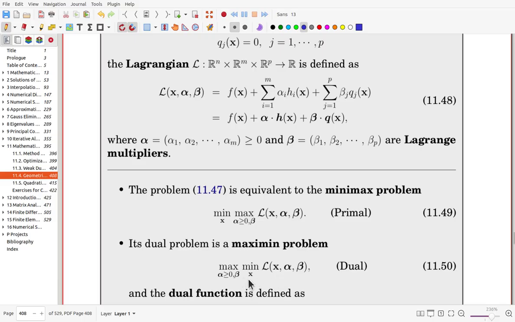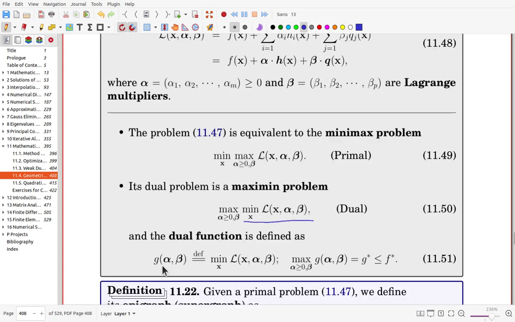Now, this portion, the minimization over x of the Lagrangian, is called the dual function, or Lagrange dual function. We define it by using the G notation, G of alpha and beta, that is the dual function.